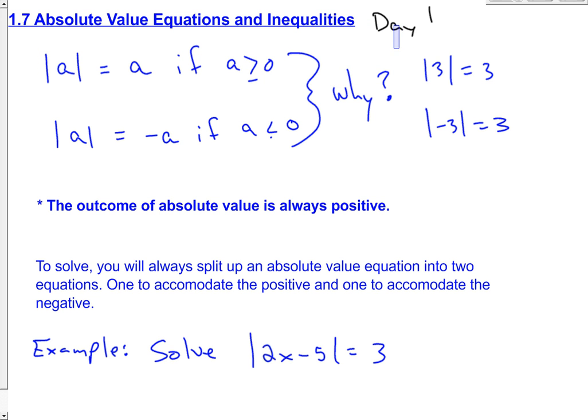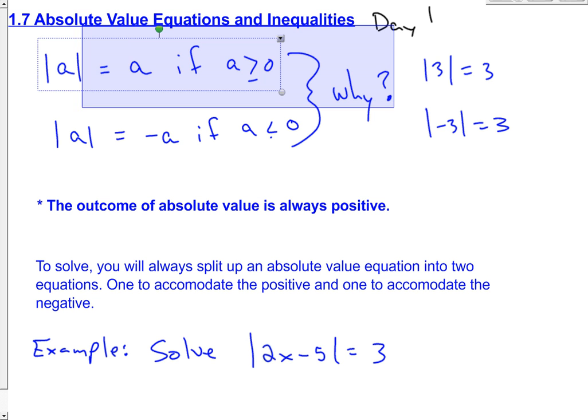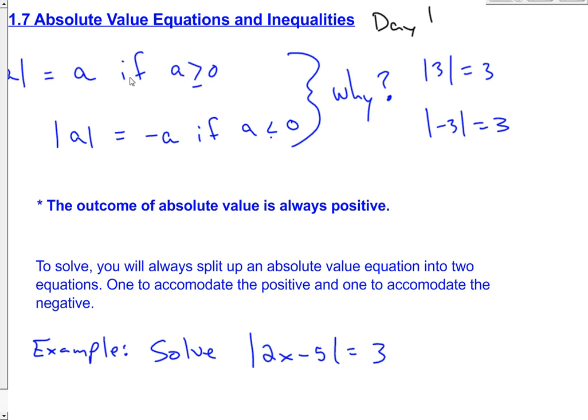So the thing we need to understand is that when you take the absolute value of a number, the outcome is always positive. So when you talk about a variable, we don't know if it's positive or negative.